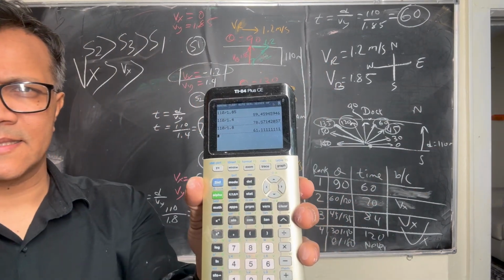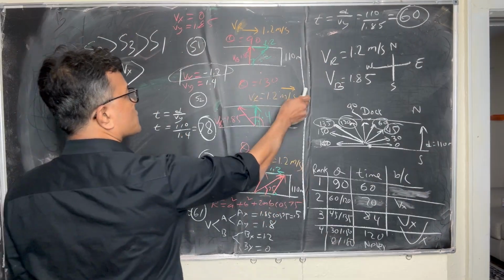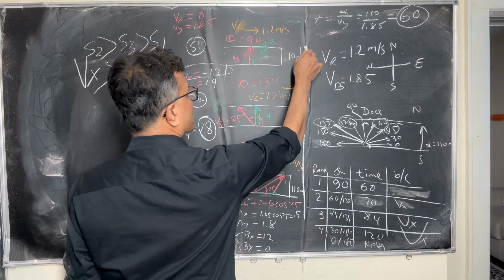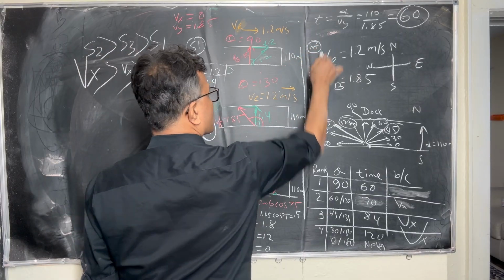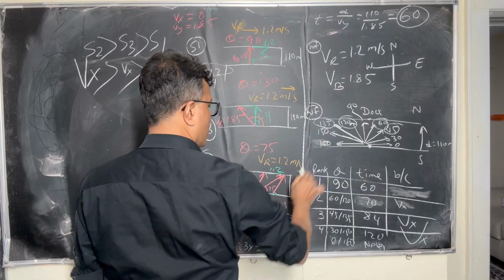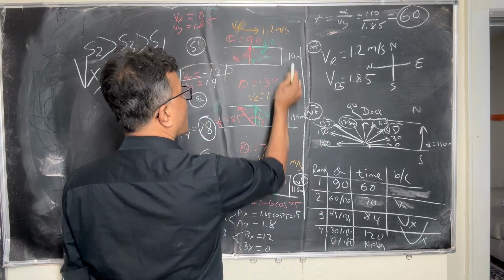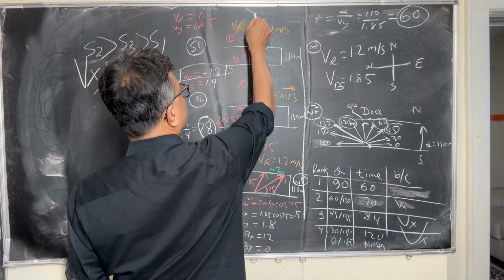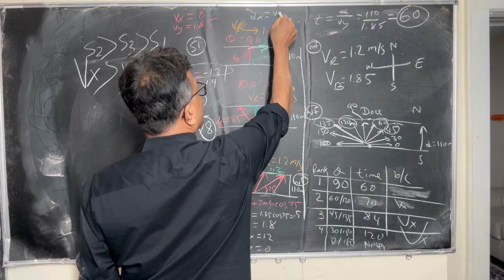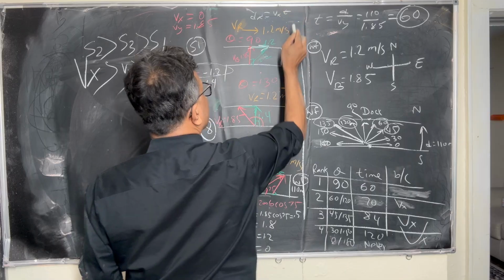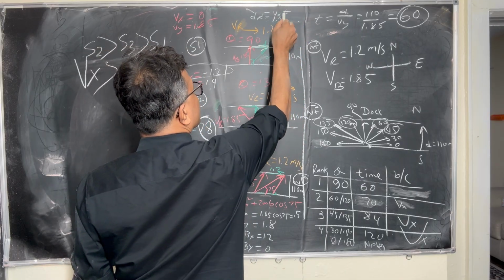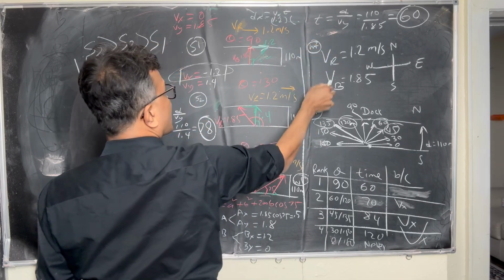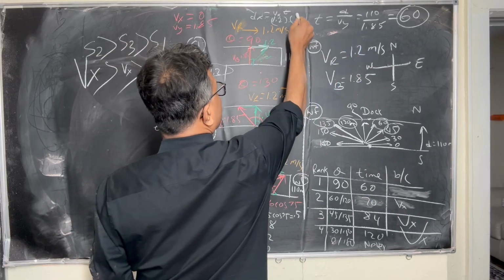Now find out how far. This is downstream, a waterfall. How far downstream is this swimmer going to be? Downstream dx is equal to Vx t. Vx is 1.2 times 60.